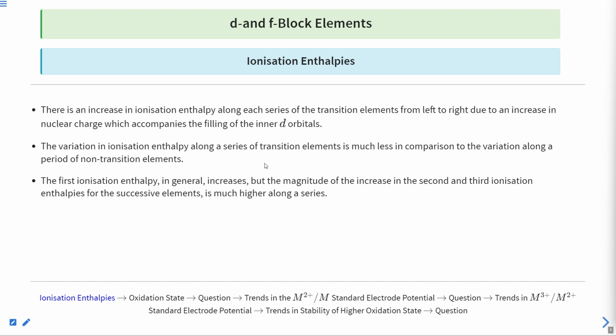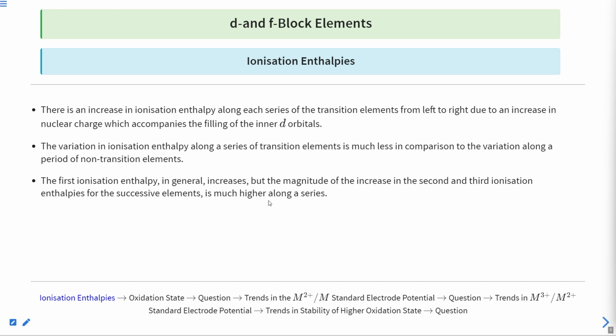Now the variation in the case of d-block elements, the variation in ionization enthalpy is not as pronounced as in non-transition elements.